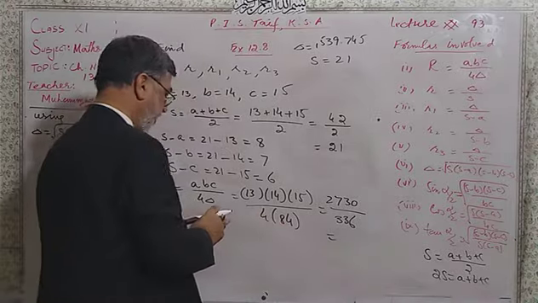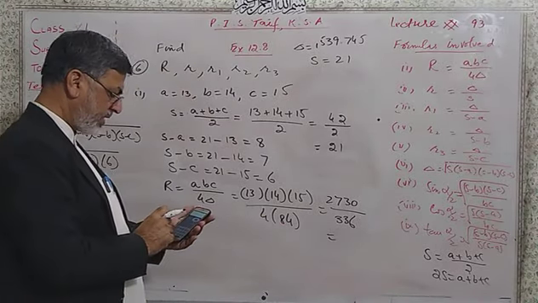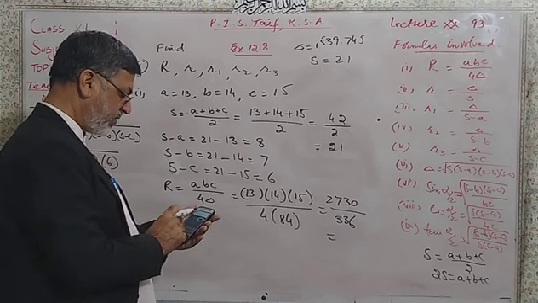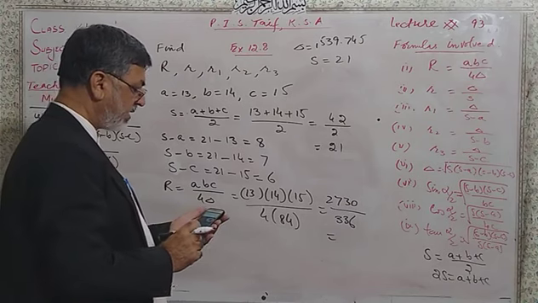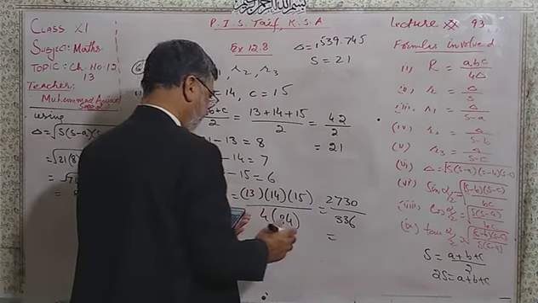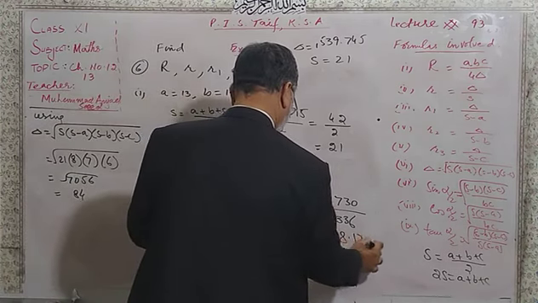Now this will be okay. 2730 divided by 336. Our answer is 8.125.